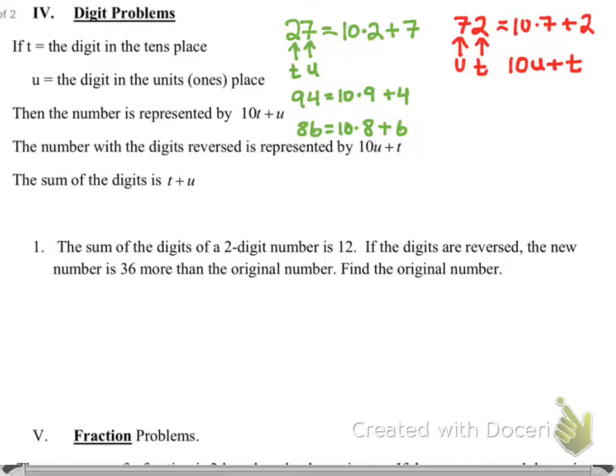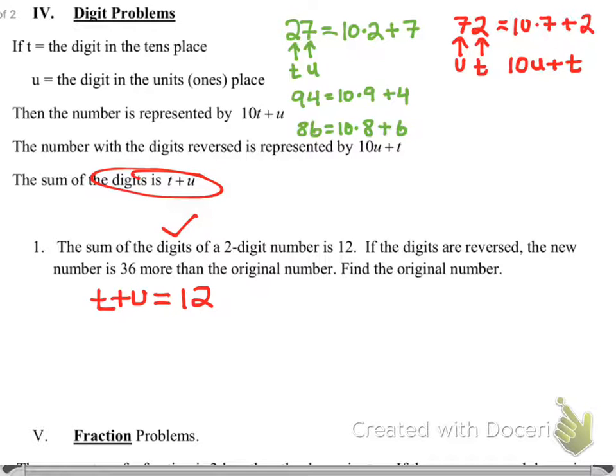Now, to the actual problem: the sum of the digits is 12. So the sum of the digits, t plus u, is 12. Okay, that's my first equation.